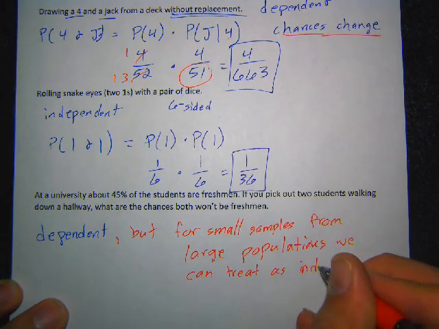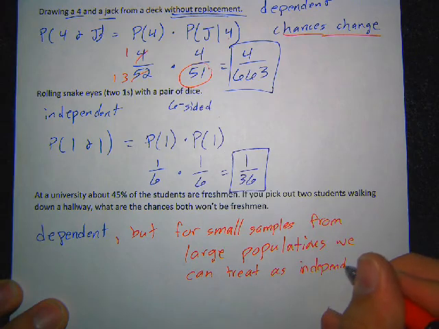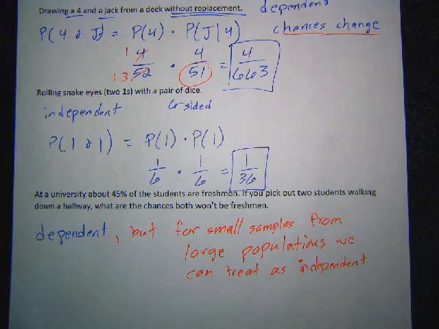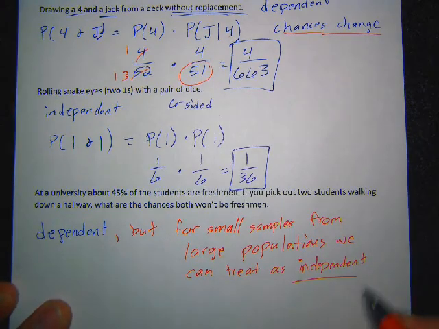So it's basically kind of a rule or a law that someone figured out that if you have a small enough sample size, a small enough collection you're picking from a big group, then you can say, well, I probably wasn't going to pick the same person twice anyways. The chances of that happening are so slim that I could ignore the fact that I'm excluding the person the second time. So if you're picking only two people from an entire university campus, if there's thousands of people in the university, then what were the chances you're going to pick the same person twice? Well, they're pretty much nil. They're very, very slim. So in that case, you can actually do it like it's independent. So we're going to treat this one as if it's independent.